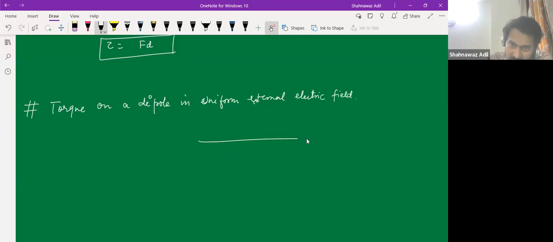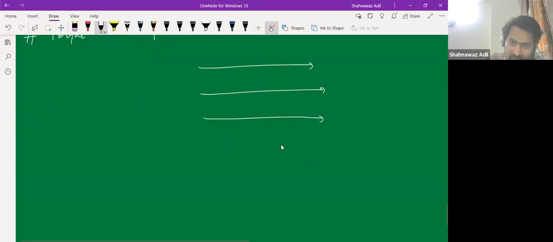We have uniform, which means parallel electric fields, and we are putting a dipole. So let's say this is the dipole that we are putting. This is minus q, and this is plus q. Right? So the dipole moment is in this direction.